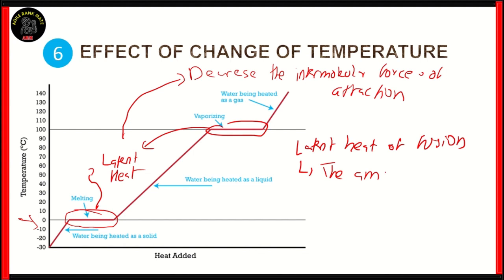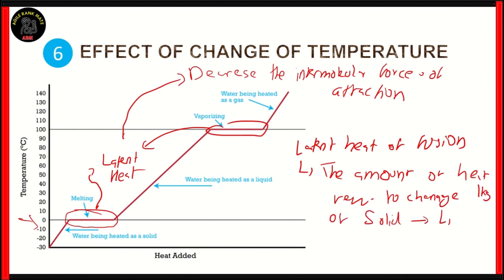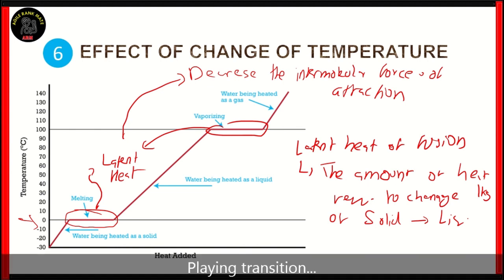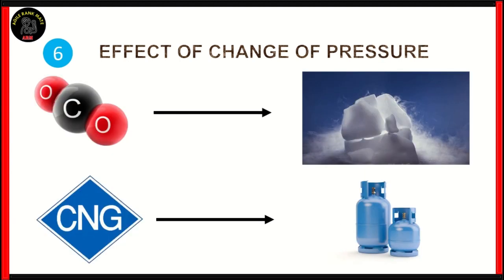So the latent heat of fusion is the amount of heat required to change 1 kilo of solid to liquid state at atmospheric pressure at its melting point. That's the latent heat of fusion, while the latent heat of vaporization is basically the same thing, but from liquid to gas. So let's continue and look at the next factor, which is pressure.